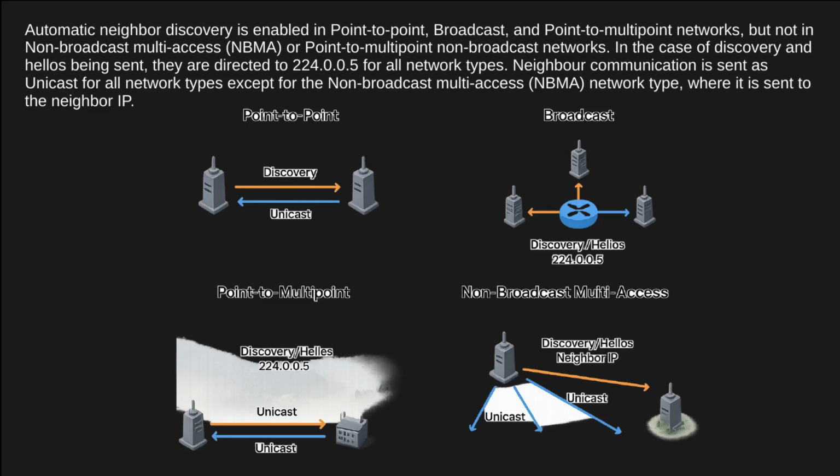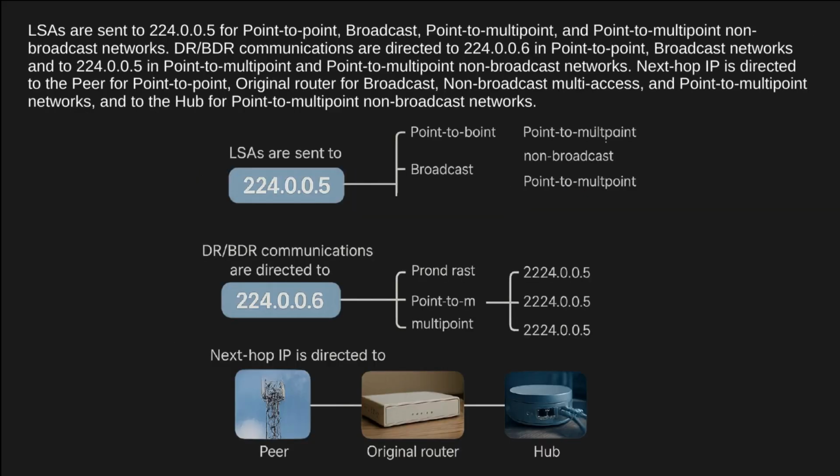Neighbor communication is sent as unicast for all network types, except for the non-broadcast multi-access NBMA network type, where it is sent to the neighbor IP. LSAs are sent to 224.0.0.5 for point-to-point, broadcast, point-to-multipoint, and point-to-multipoint non-broadcast networks.